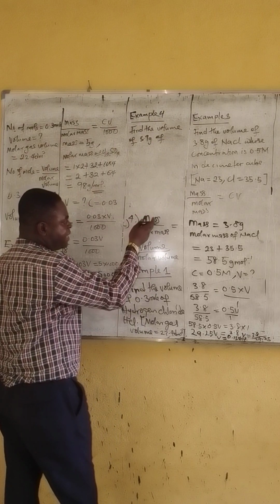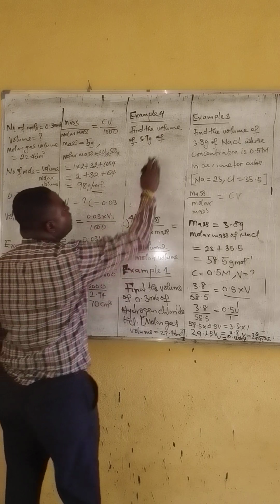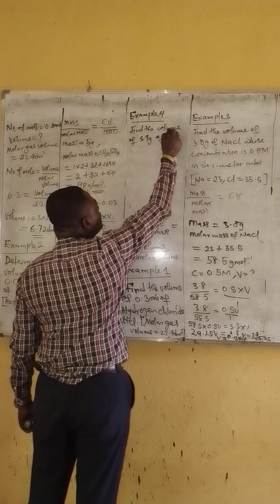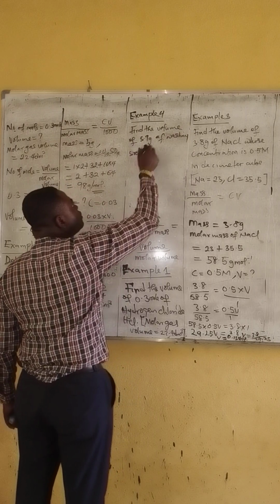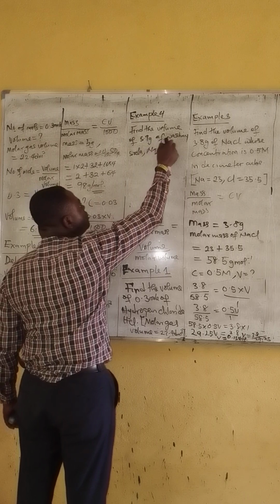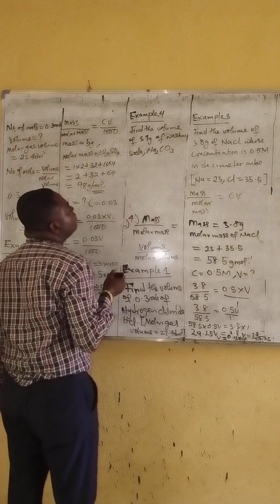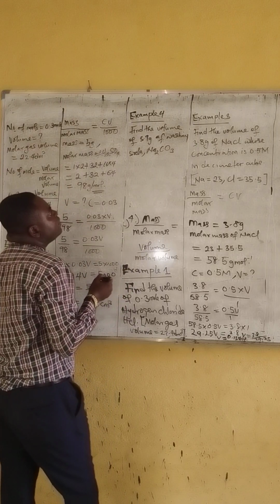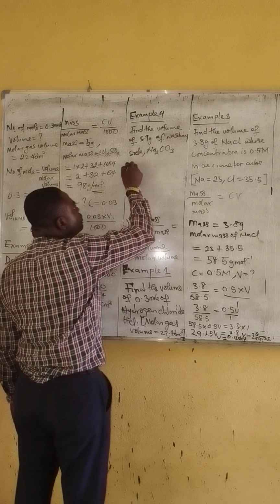The mass, then the molar mass will be given, of washing soda. And the washing soda is Na2CO3. Find the volume of 3.9 gram of washing soda.